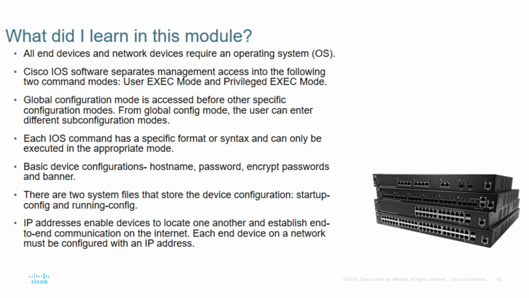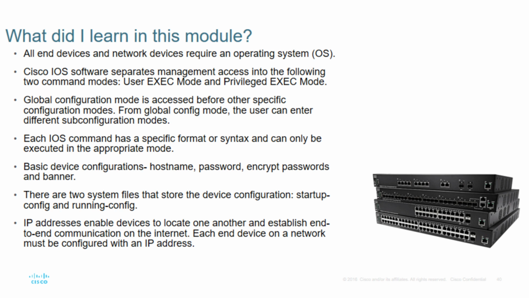What did we learn in this module? All end devices and network devices require an OS. Then we learned Cisco IOS software separates management access into the following two command modes: user EXEC mode and privileged EXEC mode. Global configuration mode is accessed before other specific configuration modes.